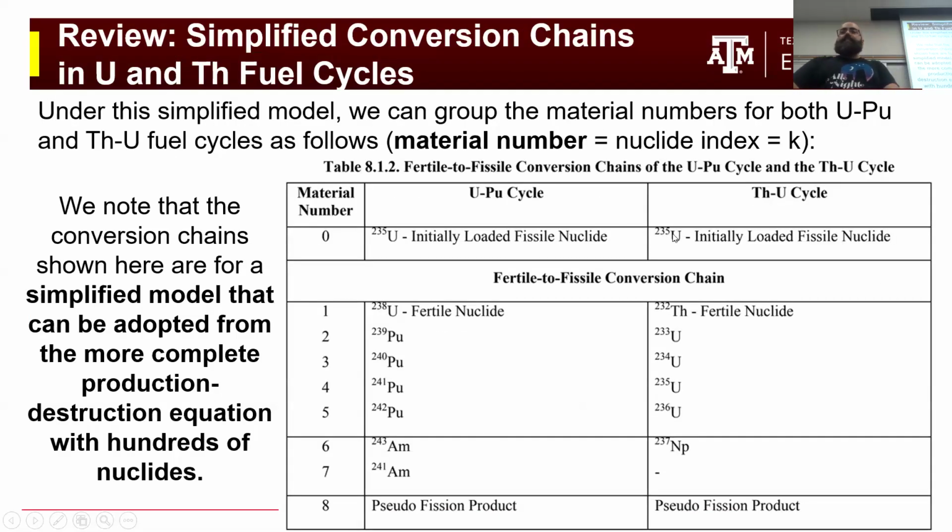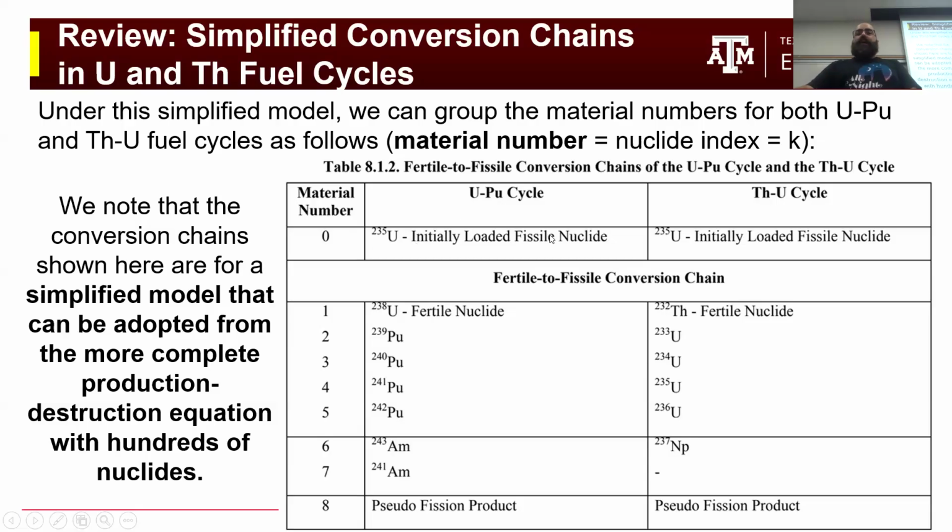So this is a table of what those isotopes would look like for 2 simplified models. One is a uranium-plutonium cycle, and that's more common. The other one is a thorium-uranium cycle. None of the reactors in the United States use thorium for power production, so we're going to focus more on what we do in the States, which would be the uranium-plutonium cycle.